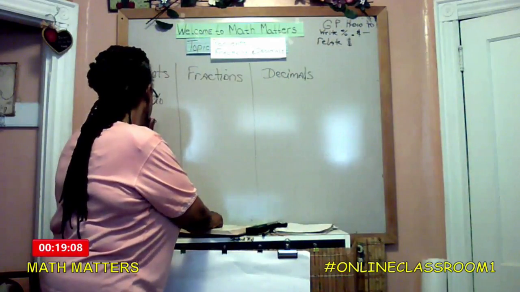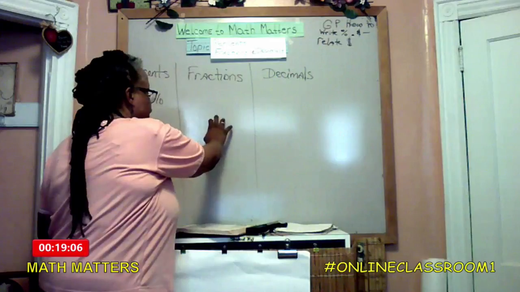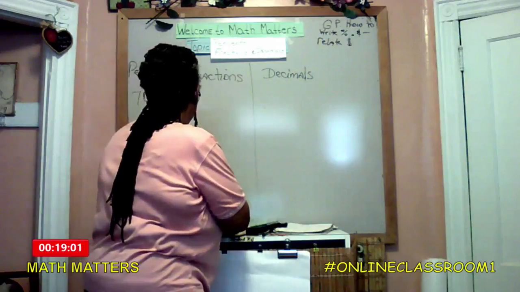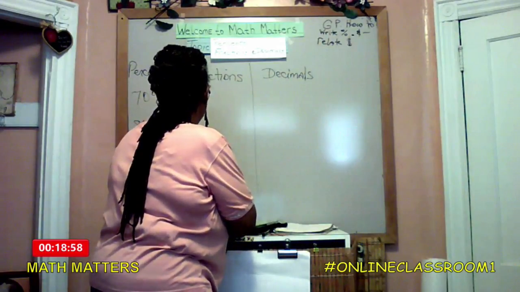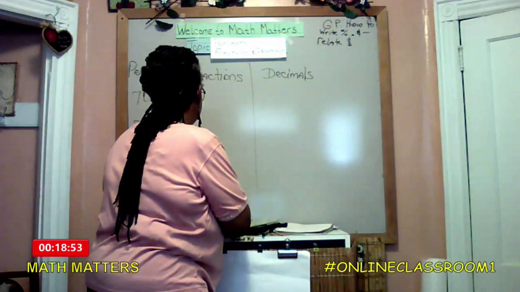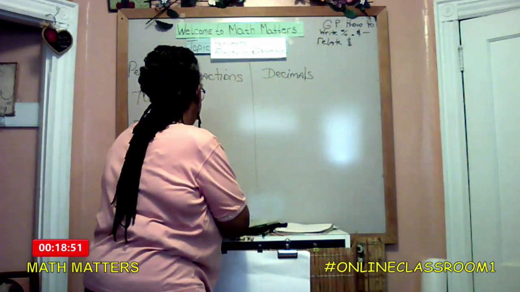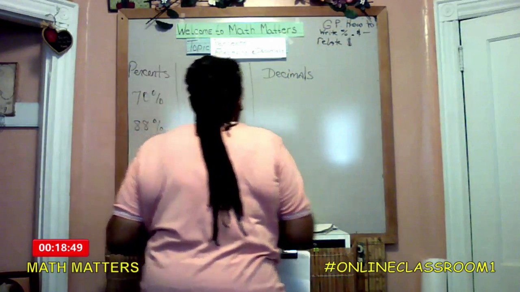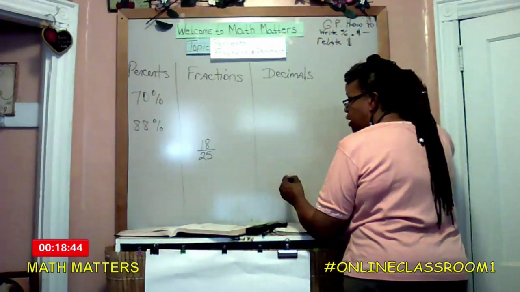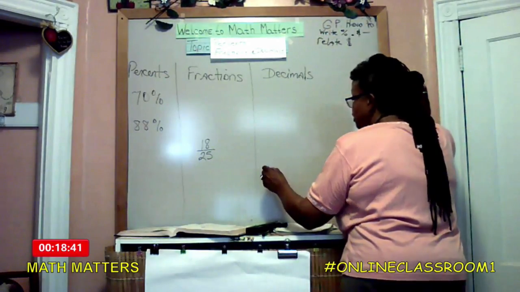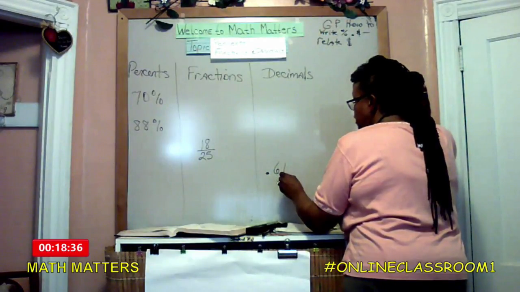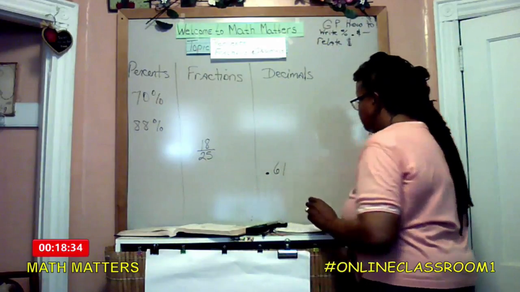88%, you need to write it as a fraction and as a decimal. Here I'm going to put 18 over 25 as the fraction. And here I'm going to put, you're going to fill in the rest of the chart. Here I'm going to put 61 hundredths.